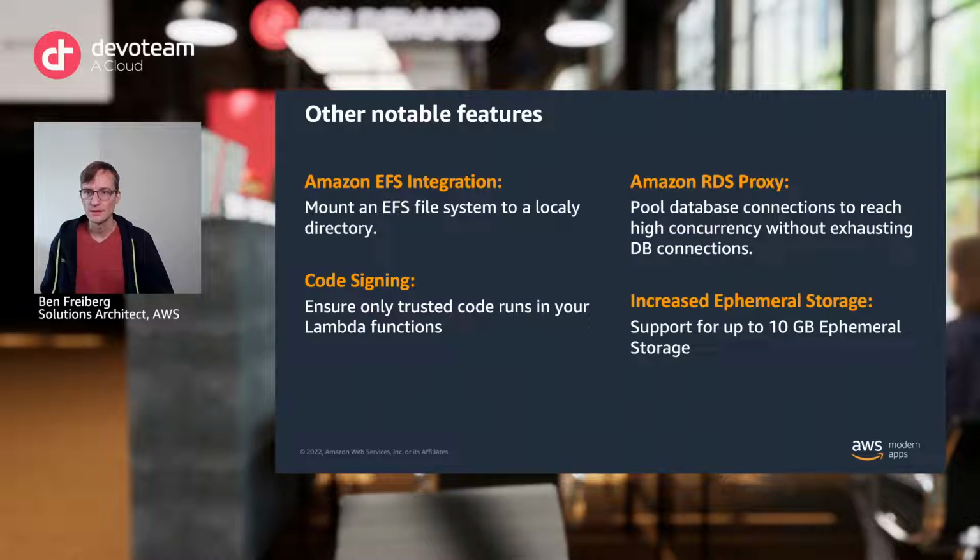They need a larger ephemeral storage because the ephemeral storage is reused in subsequent executions of this execution environment, so you don't need to download it every time. That's why we now offer ephemeral storage up to 10 gigabytes.